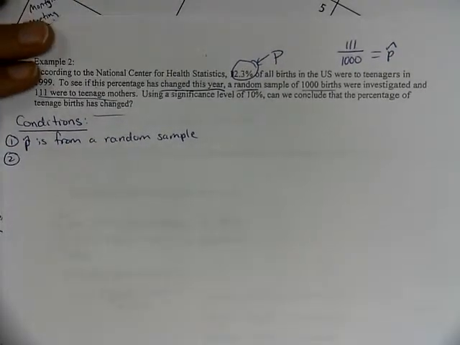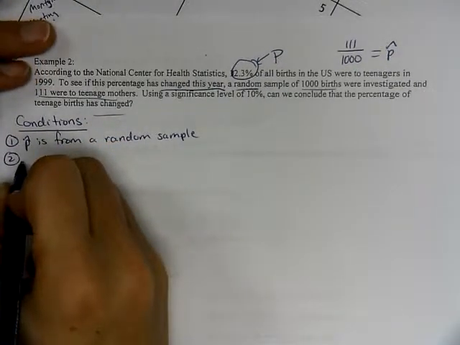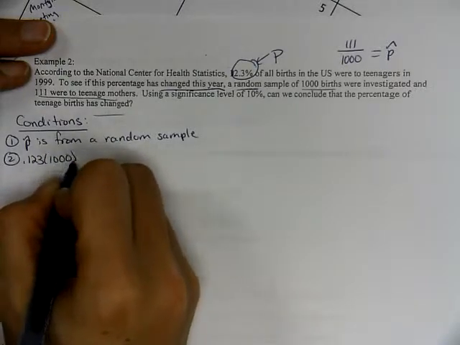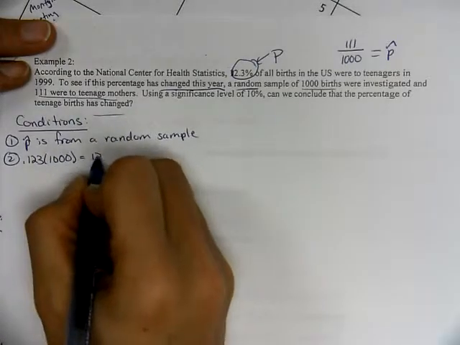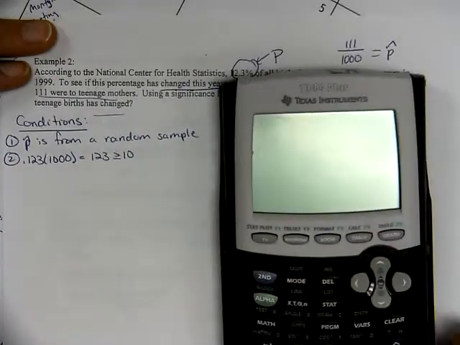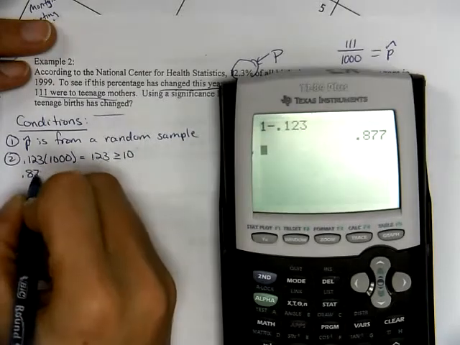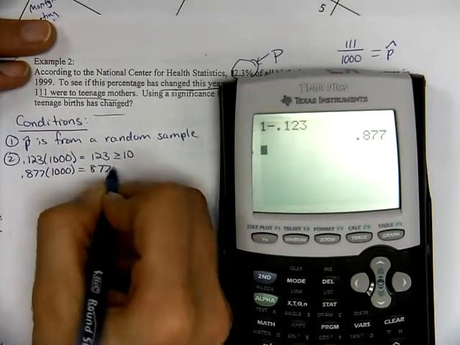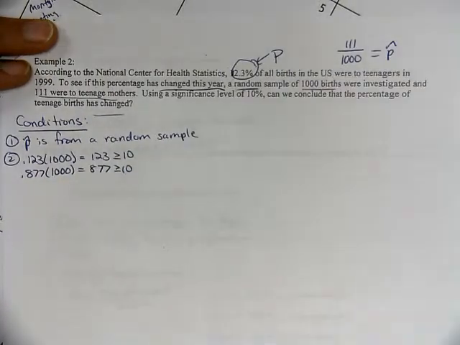So now I got to check n times p. So 0.123 times 1,000 is 123. That's greater than or equal to 10. And then I got to do the opposite. 0.877 times 1,000 is 877. That's greater than or equal to 10.